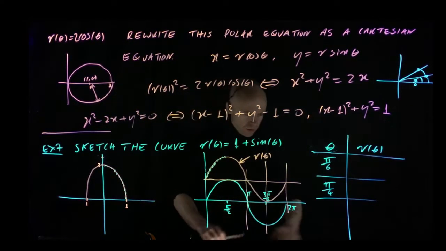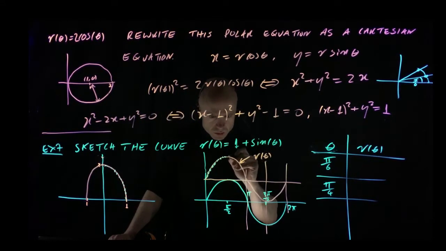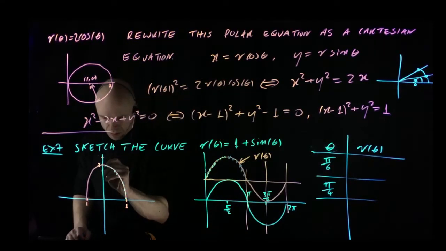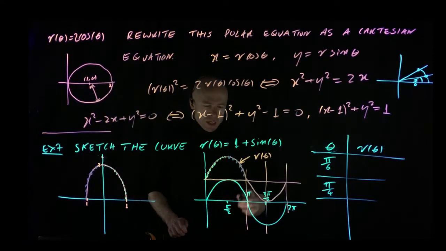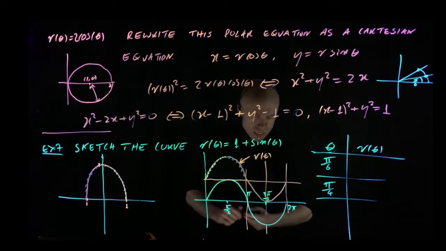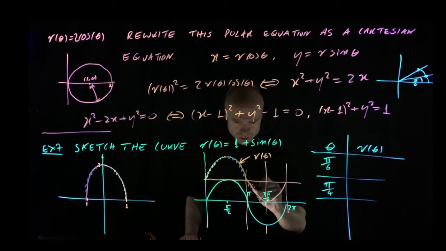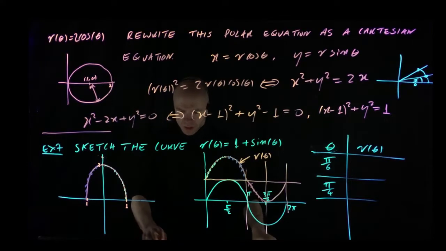Right, so actually a cool idea would be to change colors and put some dots here. So we are doing this part right now. Or we just did this part right here. So this is what we have right here. Right? And then on this part, what happens is we go from pi to 3 pi over 2, then the radius is going to go from 1 down to 0. So we're going to do this part right here. Okay, let's do this part right here.